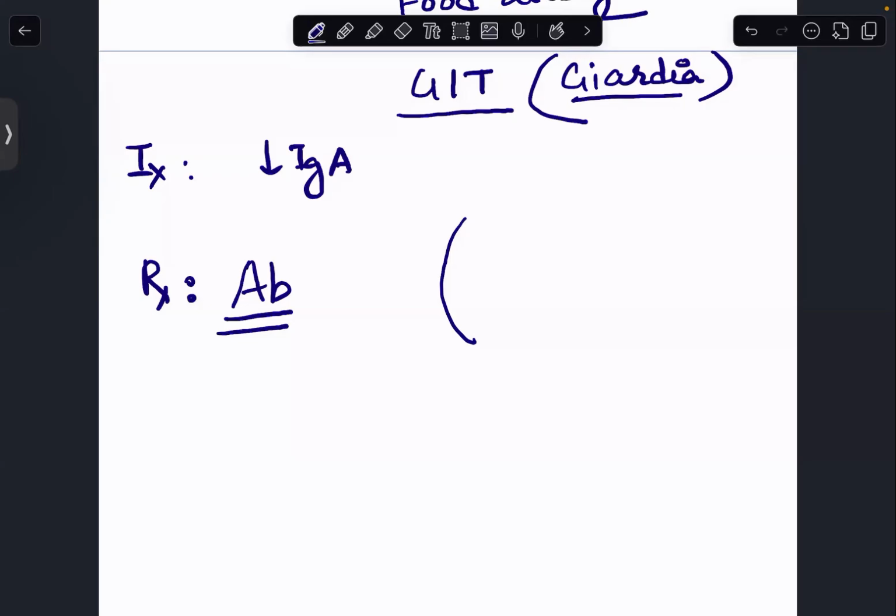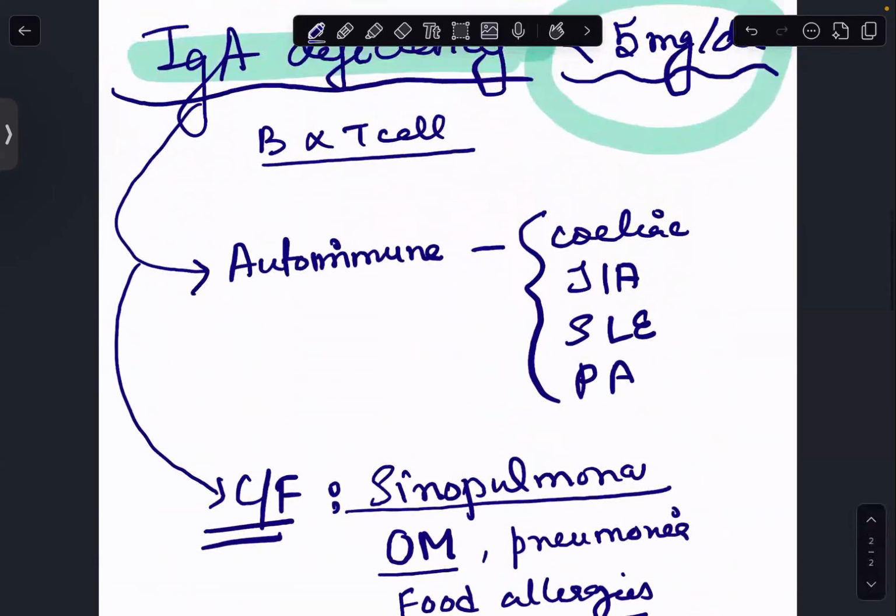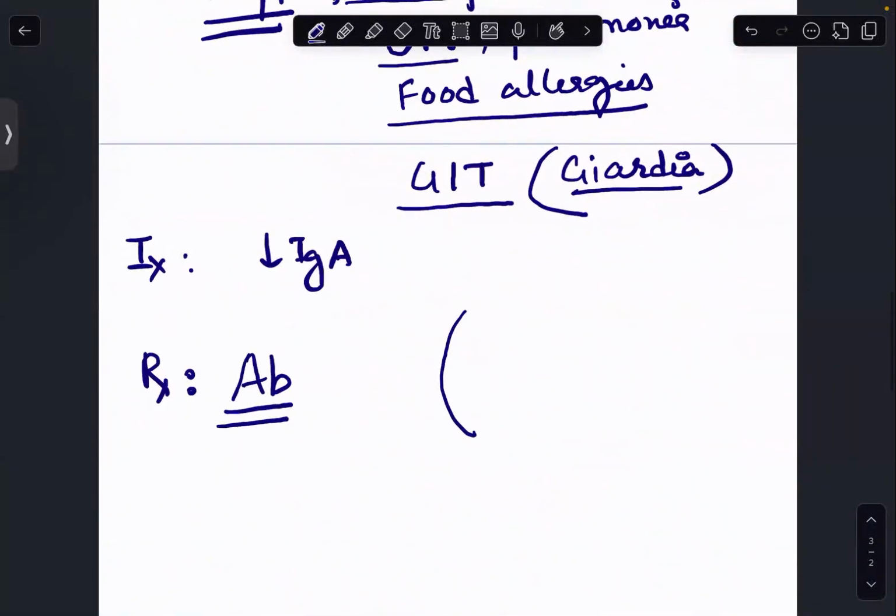Okay, so we do not give IgA in any form. Is this clear? Treatment, we will just treat with antibiotics. Okay, they have not asked this in exam yet, but just remember IgA should not be given.